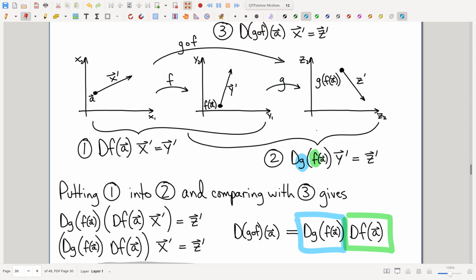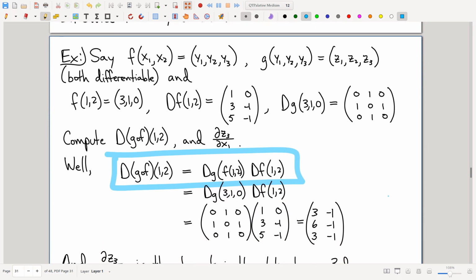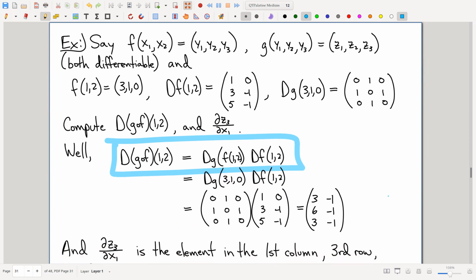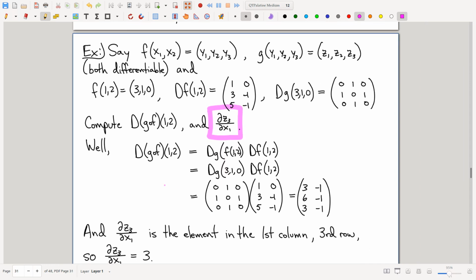Okay. All right. So, next question. The second part of the question was to compute the partial derivative here. Partial of z3 with respect to x1. How are we going to compute the partial of z3 with respect to x1?